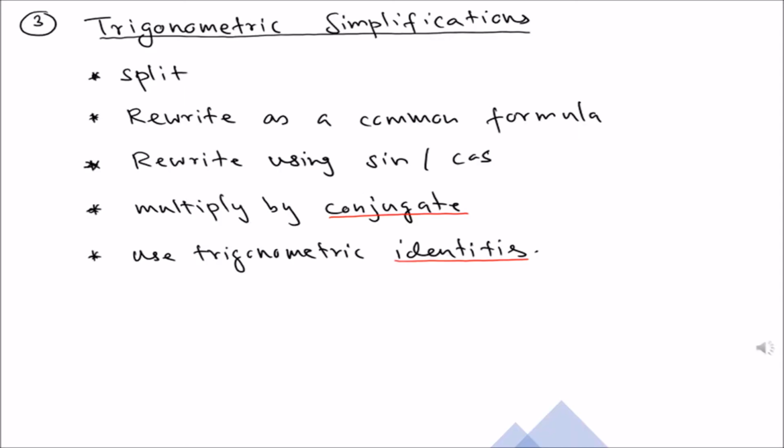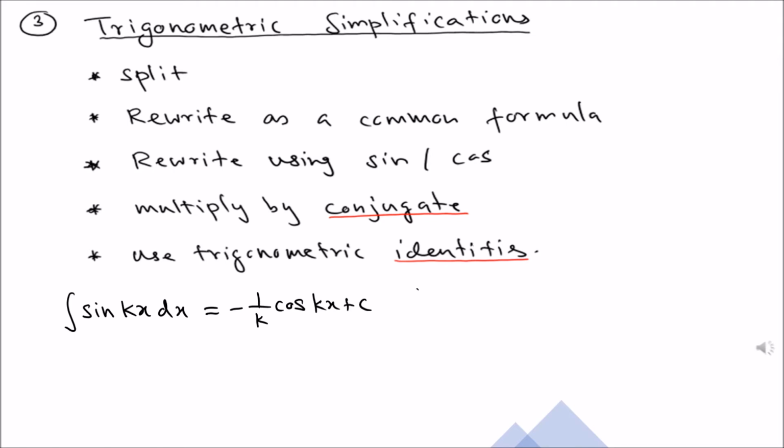Let's also recall these three formulas. They can be useful at times. The first one: the integral of sine kx dx, where k is a constant, is simply negative 1 over k cosine kx plus c.